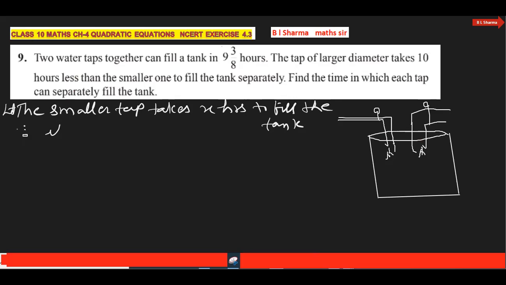Therefore, in 1 hour, it will fill 1 upon x part of it.